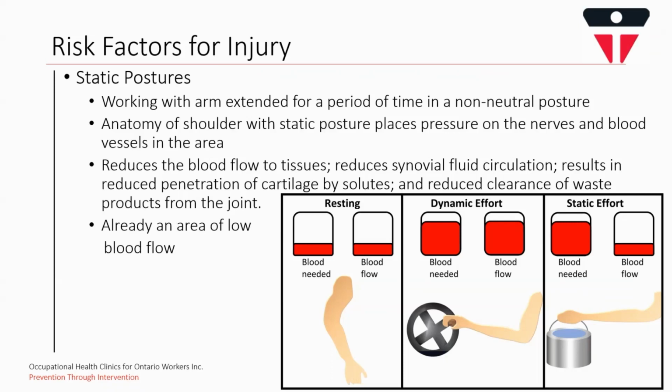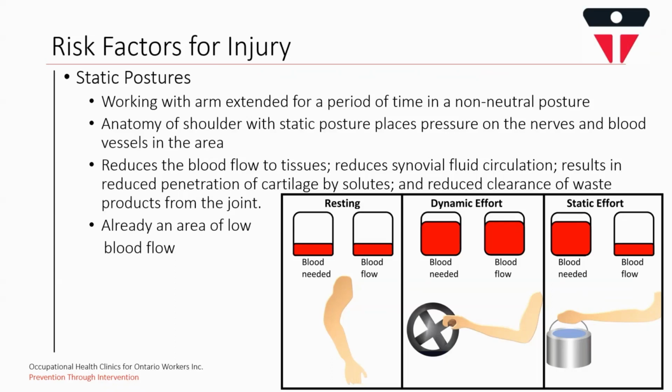Now, static postures also result in a reduction of blood flow to the tissues, reduce synovial fluid circulation, result in reduced penetration of cartilage by solutes, and reduce clearance of waste products from the joint. And again, remember, it's already an area of low blood flow.